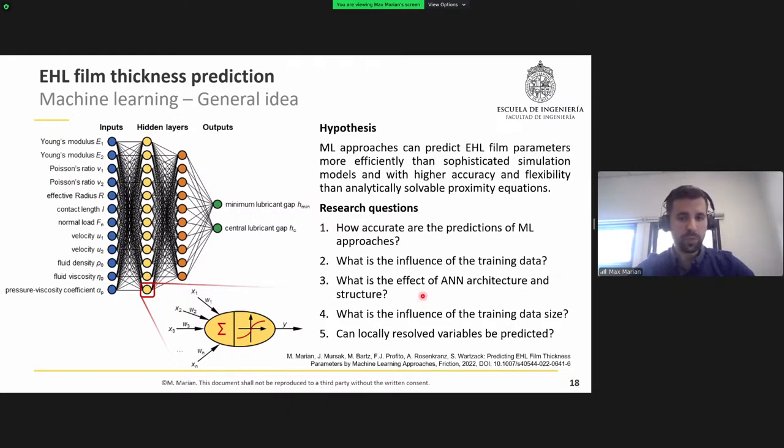The third question we wanted to answer was how do the artificial neural network architecture and the structure affect the prediction quality? The fourth question: what is the influence of the size of the training database? And the fifth one, is it possible to determine locally resolved film thickness distribution, like the film thickness as a function of the contact length, instead of only two integral parameters?